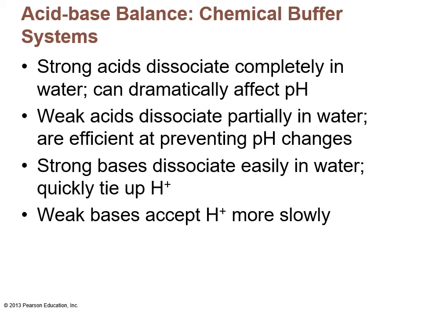Weak acids dissociate only partially in water, and these are efficient at preventing pH changes because they can act as a buffer, so that's really important. Strong bases dissociate easily in water, and they quickly tie up H ions. Weak bases accept H more slowly.